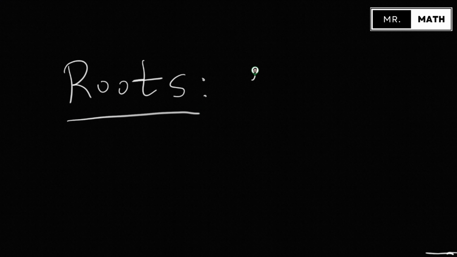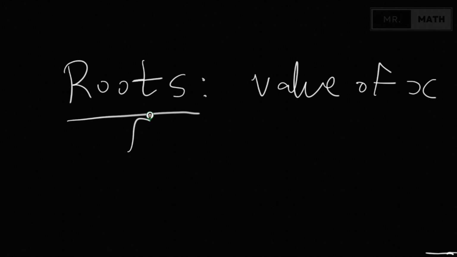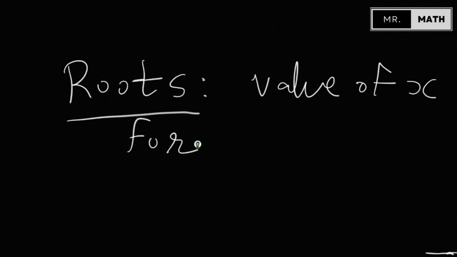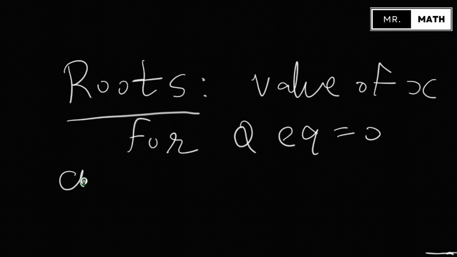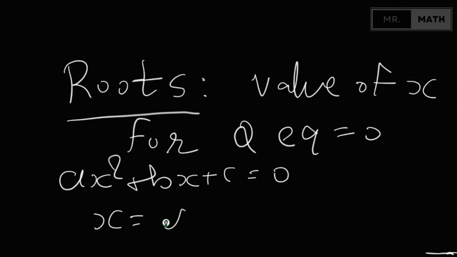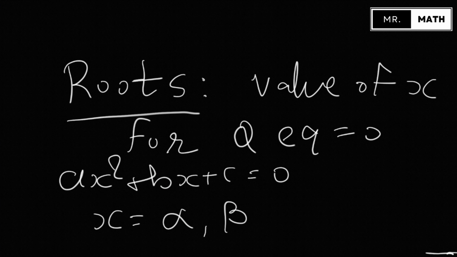Roots is just a value of x for which the quadratic equation is 0. So we just wrote ax square plus bx plus c is equal to 0, so there will be some value of x for which this equation will be 0, right? So how many such values of x can there be? X can take how many values so that this equation will be 0?